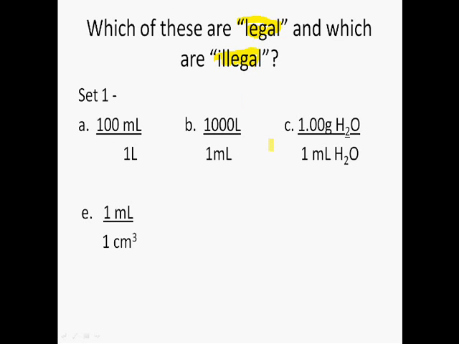An example of something that would not be legal would be if I wrote the phrase, let's say there's 12 eggs in 1 dozen. But what if I wrote 12 dozen is the same thing as 1 egg? That would be an example of an illegal conversion.